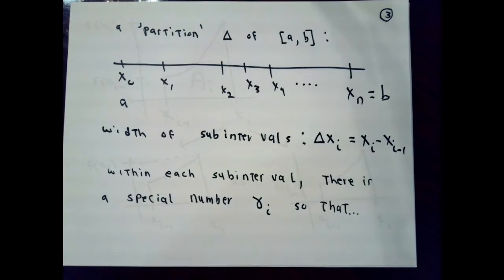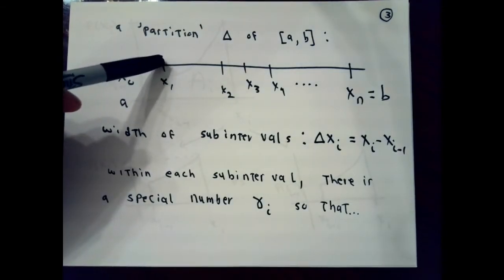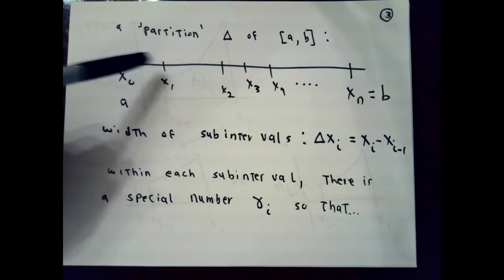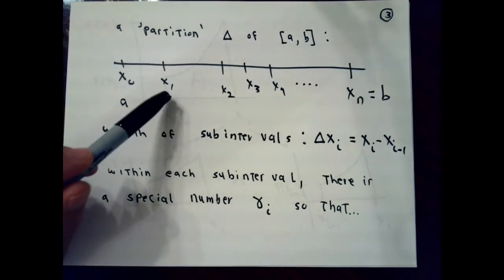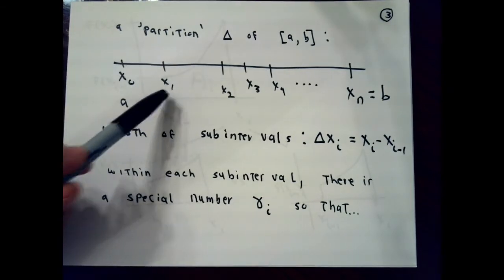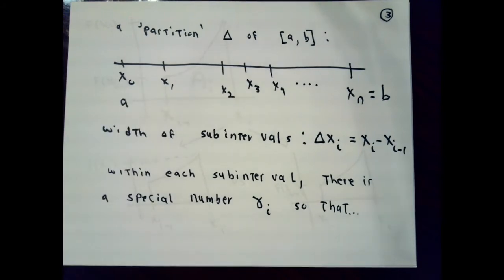The width of one of these subintervals is going to be the x-coordinate of its end, for instance x1, minus the x-coordinate of the beginning. It's the x-coordinate of the right-hand end minus the x-coordinate of the left-hand end. So delta x number I will be x number I minus x number I minus 1.